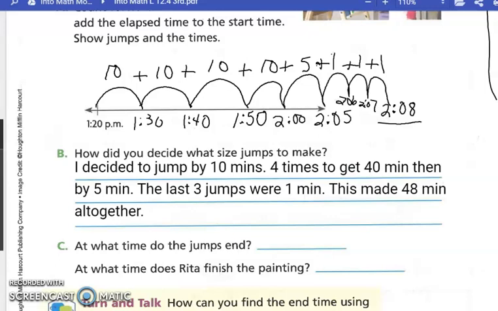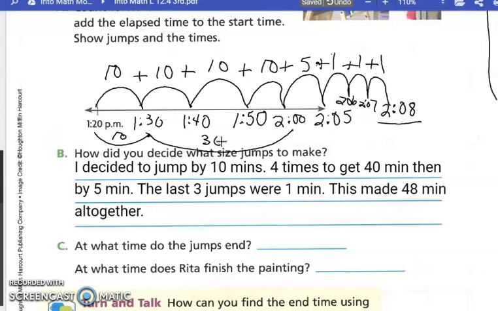Okay? Here's another way you could have done it. You could have started at 1:20 and did a 10-minute jump, and that would have gotten you to 1:30. Then, if you have 48 minus 10, how many minutes do you have? 38. Then we could have made one 30-minute jump, right? So this was 10 and this was 30, and that would have got us to 2 o'clock. So 30 plus 10 is 40.